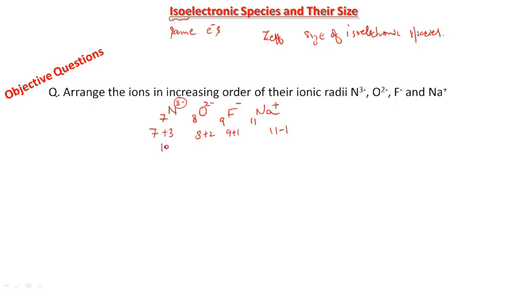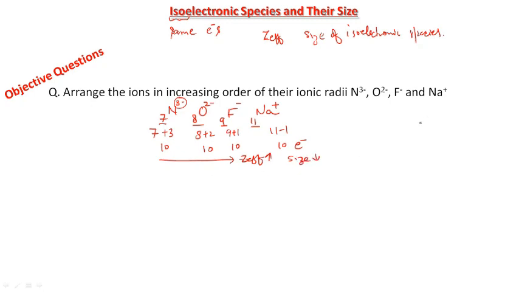So for all these ions we have 10 electrons. The more the effective nuclear charge, the lesser the size. As we move from left to right in this series, the atomic number increases, so Z effective increases. If Z effective increases, size decreases.